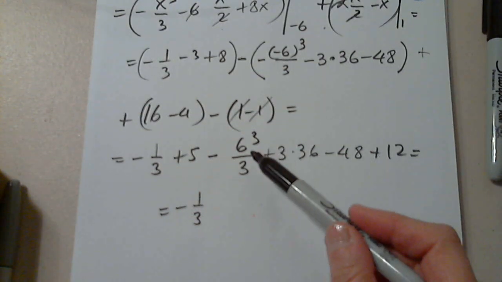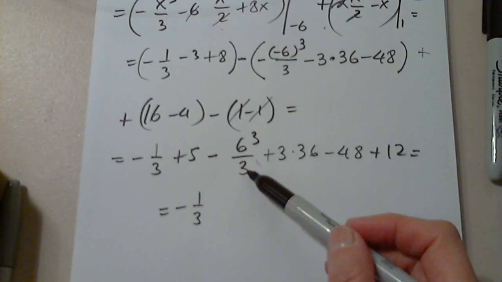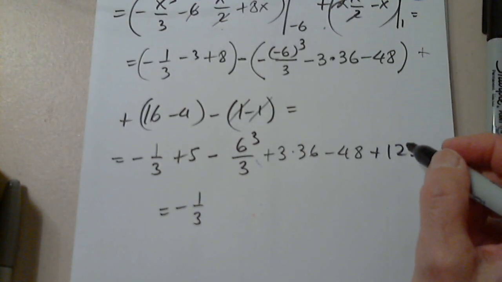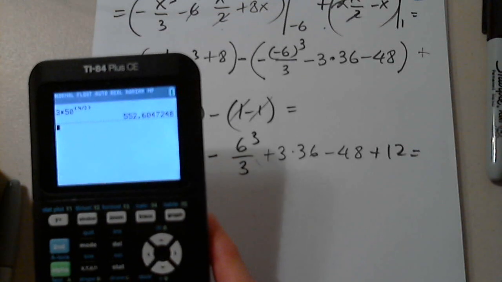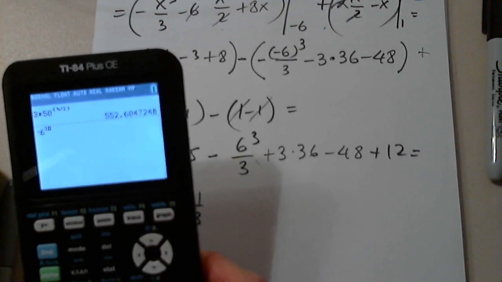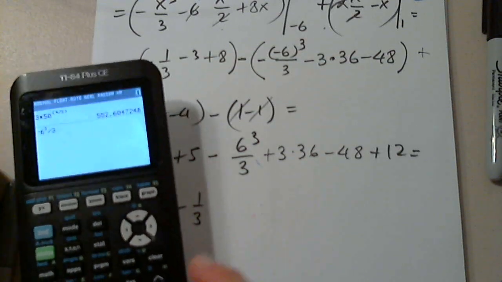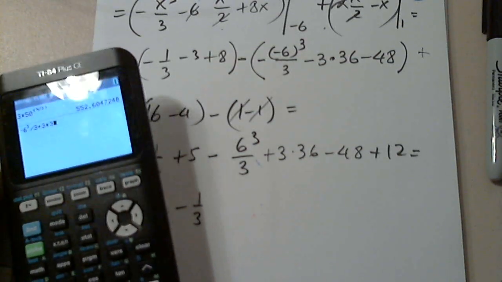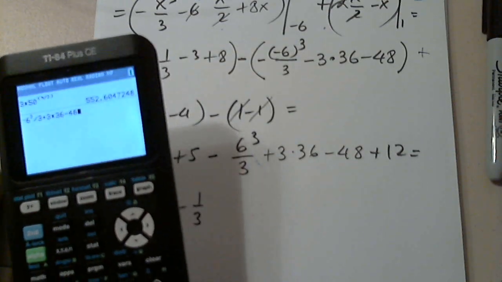Negative 1/3, 6 to the third divided by 3. So what is that? Where's my calculator? So 6 to the third, and then we divide by 3, and then plus 3 times 36, and then minus 48, and plus 12.